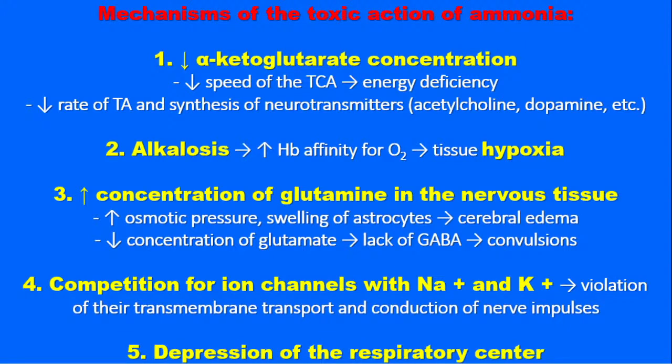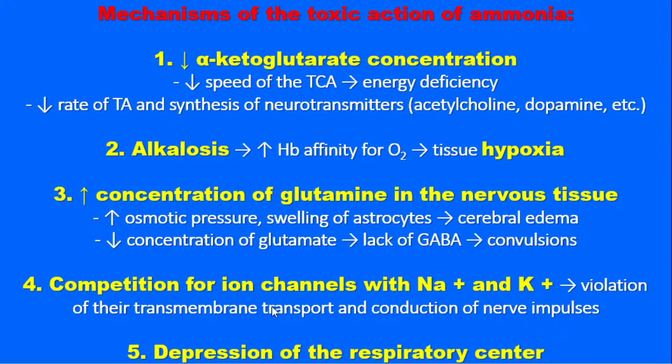Fifth, not last but one of the most important mechanisms, is the direct toxic action of ammonium on the respiratory center in our brain. So look, hypoxia is already observed due to the alkalosis. Energy deficiency is already observed. Neurotransmitters are not normally produced. Inhibition, especially inhibitory action, will not be caused.